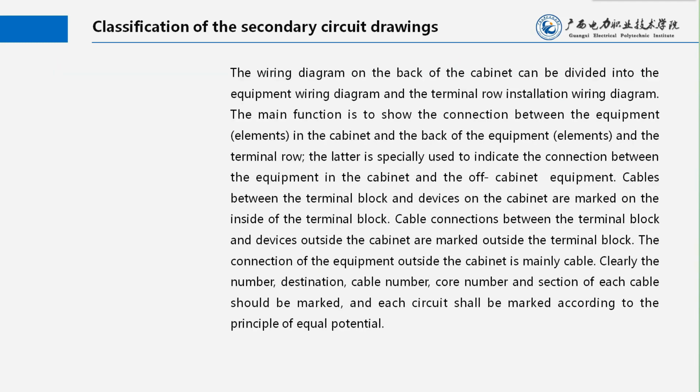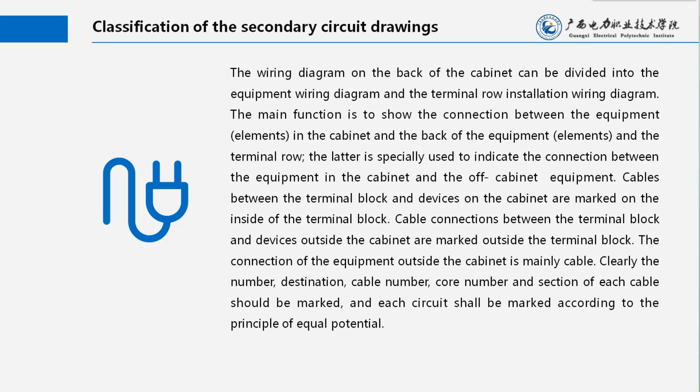The wiring diagram on the back of the cabinet can be divided into the equipment wiring diagram and the terminal row installation wiring diagram. The main function is to show the connection between the equipment elements in the cabinet and the back of the equipment elements and the terminal row. The latter is specially used to indicate the connection between the equipment in the cabinet and the off-cabinet equipment.